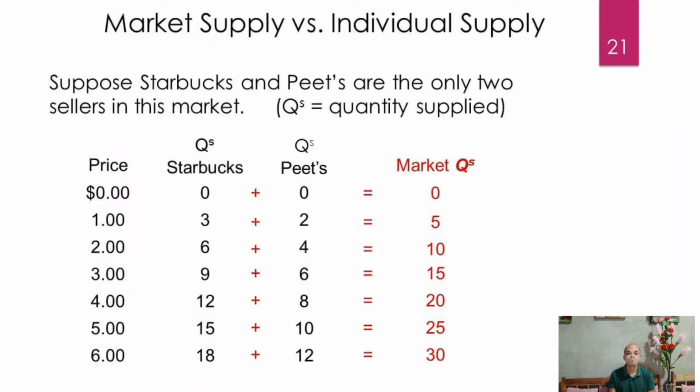For example, suppose Starbucks and Peet's are the only two sellers in this market. QS stands for quantity supplied. So we need to add the two sellers in this market, Starbucks and Peet's, to have our market quantity supplied. Just as easy as that.